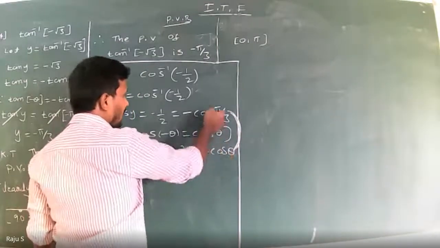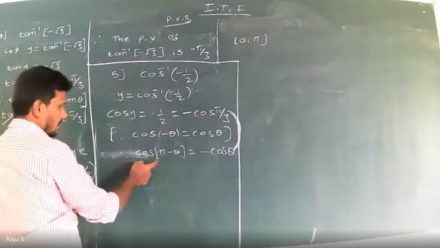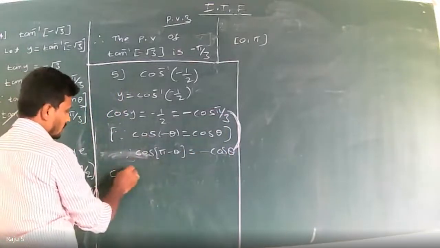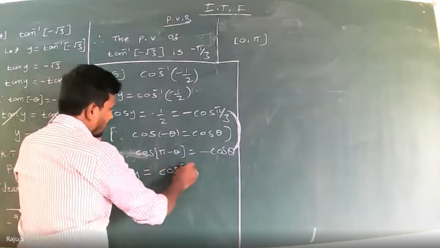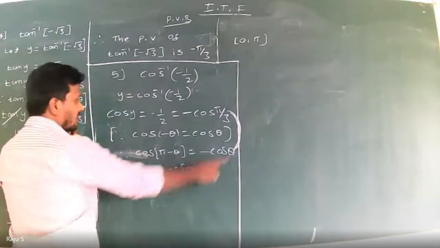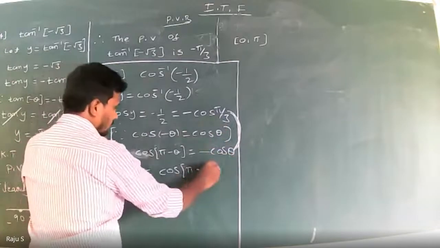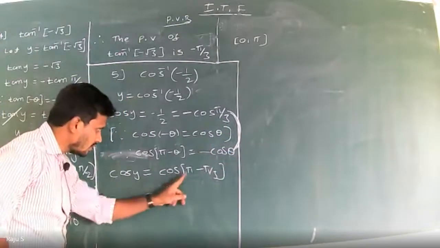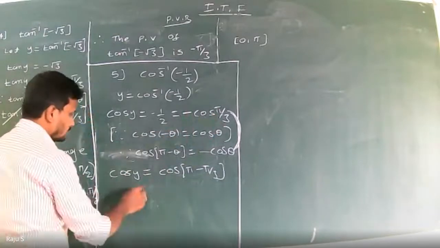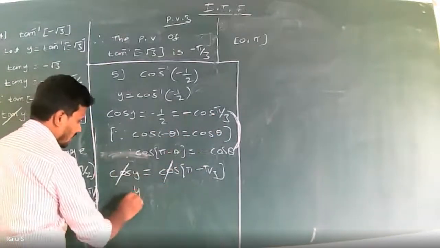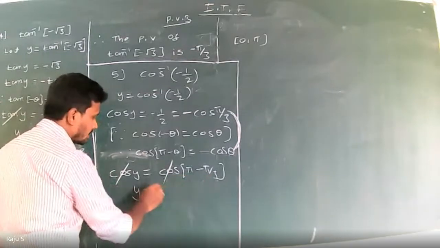What is theta? Pi by 3. Shall I write it in LHS form? Yes. So cos y is equal to cos of pi minus theta, comparing with pi by 3. Is it clear? So cos of 180 minus 60 becomes minus cos 60. So now I can cancel: y is equal to 2 pi by 3.